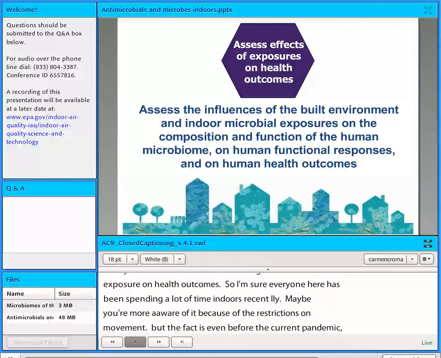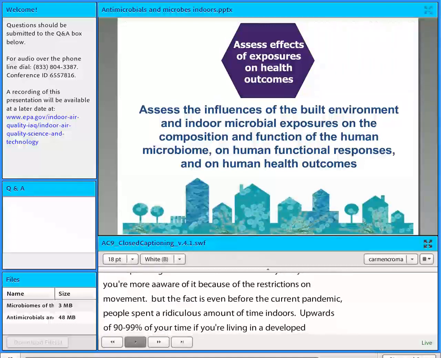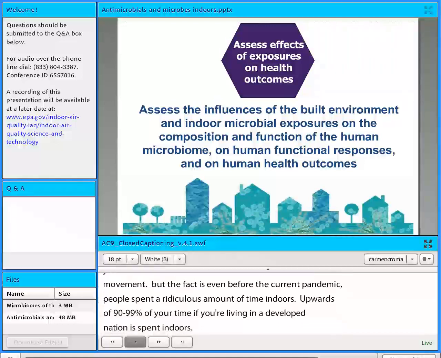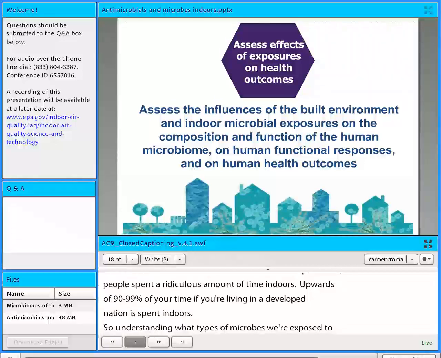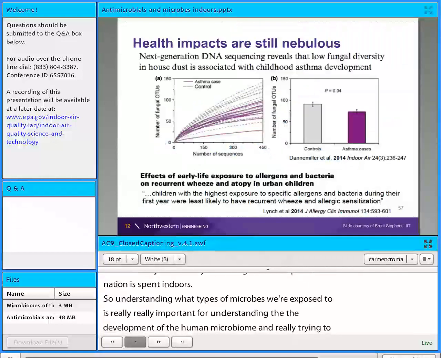Upwards of 90 to 99% of your time, if you're living in a developed nation, is spent indoors. And so understanding what types of microbes we're exposed to is really important for understanding the development of the human microbiome and really trying to influence those health outcomes.